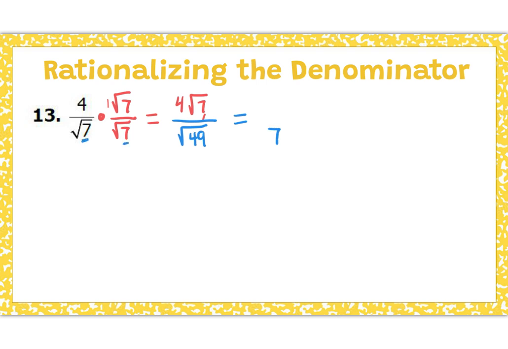If you notice that, you don't need to do that step. Because I am multiplying 7 times itself and then taking the square root, they basically undo each other, and I will always be left with the inside. So 4 square root of 7 over 7 would be my final answer.